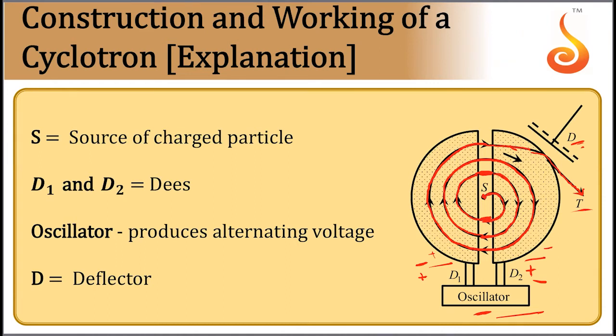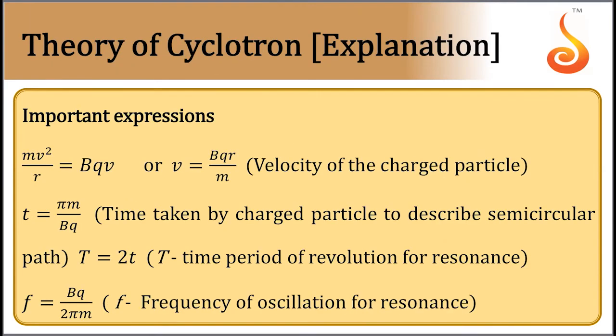Hope you have taken this. We'll go to the next. See, the important expressions to be considered with respect to cyclotron. The centripetal force mv square by r is given by Bqv. So v will be equal to Bqr by m. That will give you the velocity of the charged particle. t is the time taken by the charged particle to describe a semicircular path, pi m by qB.